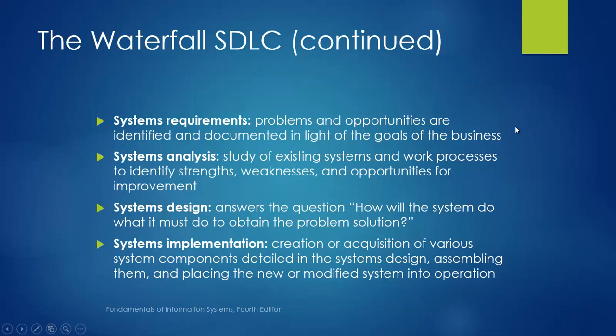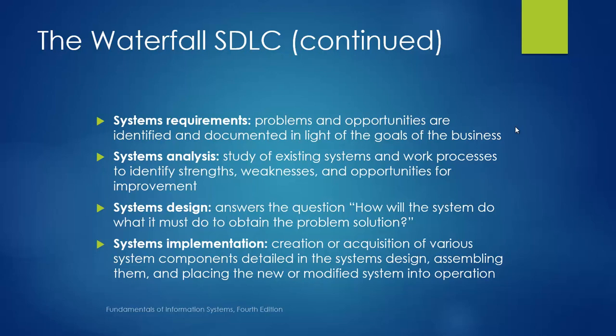In the system's requirements, problems and opportunities are identified and documented in light of the goals of the business. System analysis will study existing systems and work processes to identify strengths, weaknesses, and opportunities for improvement.